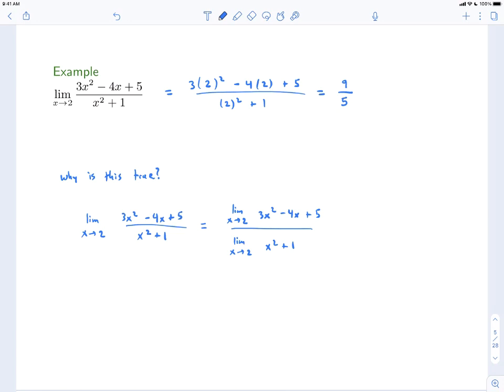The limit of a ratio is the ratio of the limits, provided you don't end up dividing by 0. In the numerator, we have a polynomial, so we can just plug in x equals 2 using the substitution rule, and we get 9. In the denominator, we have another polynomial, so we use the substitution rule for polynomials, just plug in x equals 2, and we get 2 squared plus 1, which is 5. So you can see that the substitution rule for rational functions is simply a consequence of the substitution rule for polynomials.